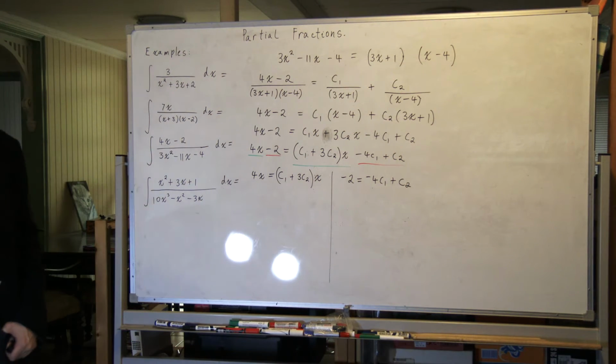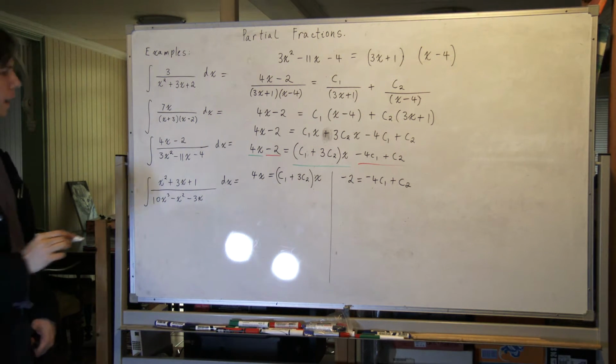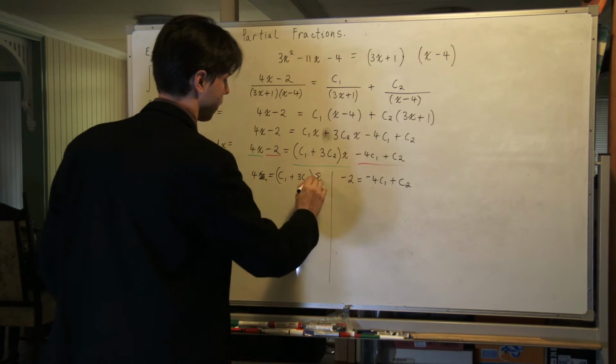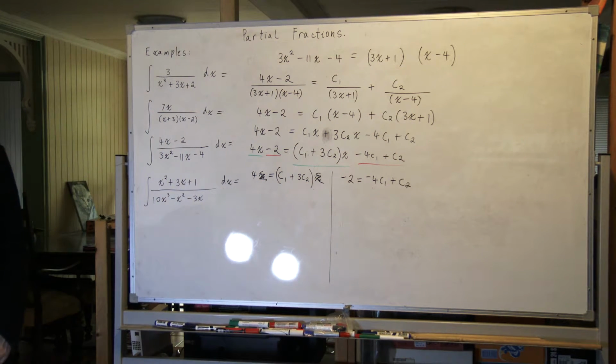There we have it. And we can divide everything by x. Bang, bang. We have two equations with two unknowns.